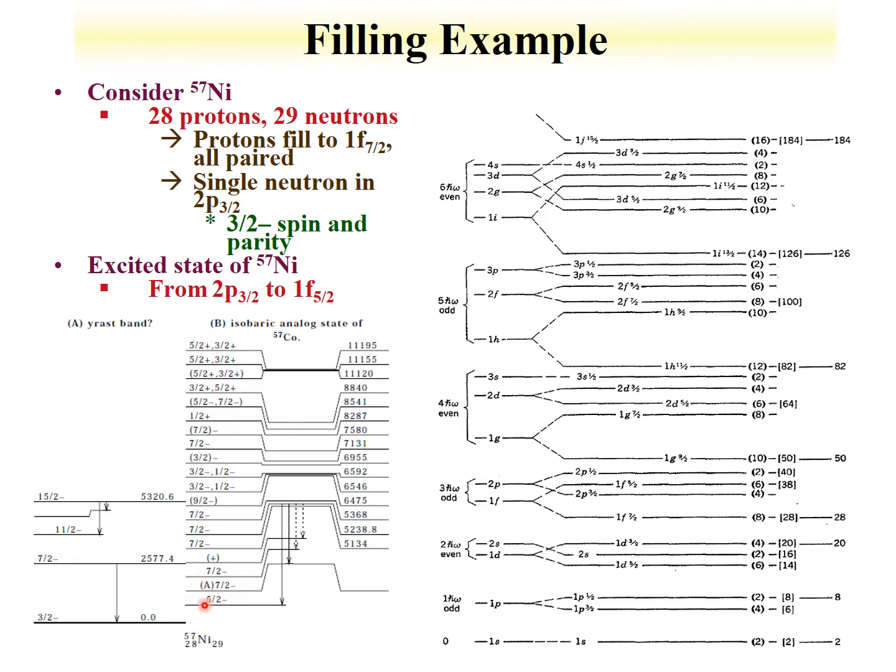So F being negative, 5/2 state. So this also seems to correlate with nickel-57, 28 protons, by the way, magic number. So nickel-57 is fundamentally one off from being a double magic nucleus.